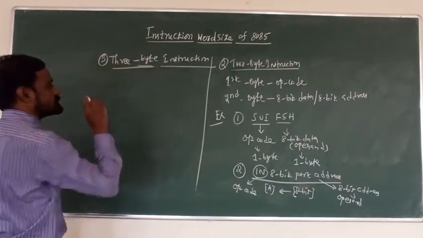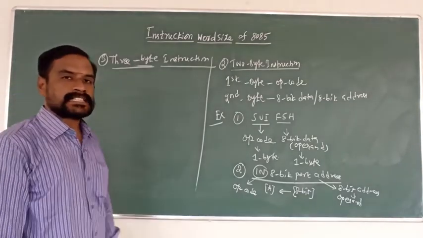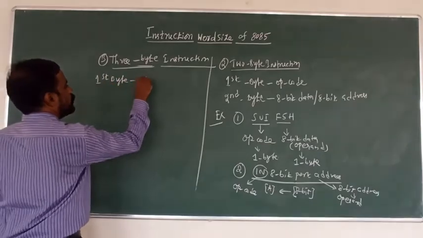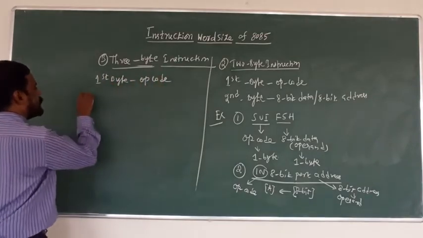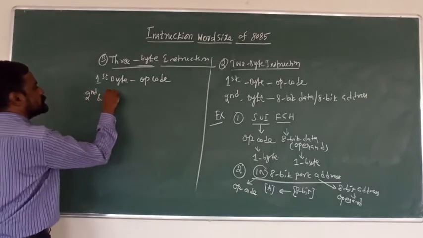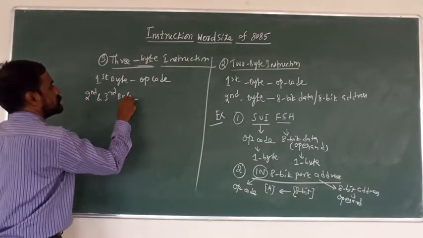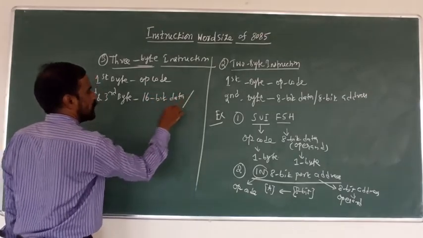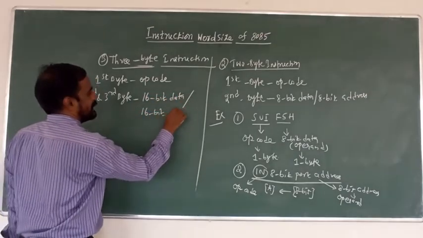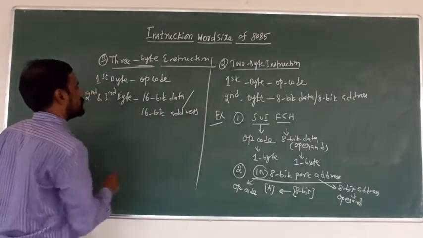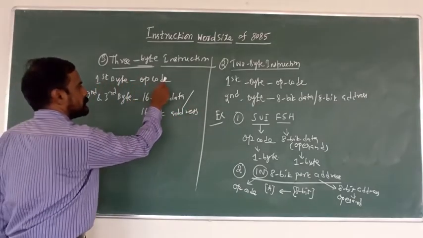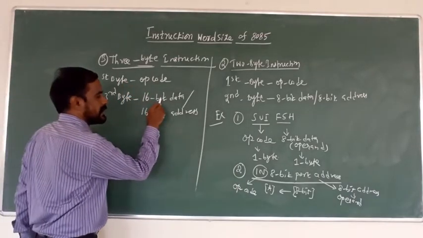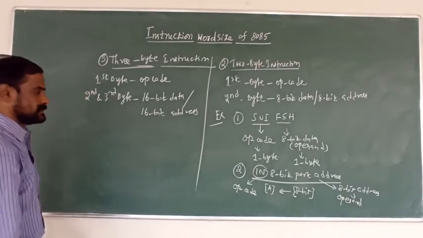The 3 byte instruction consists of the first byte opcode, and the second and third bytes either 16-bit data or 16-bit address.